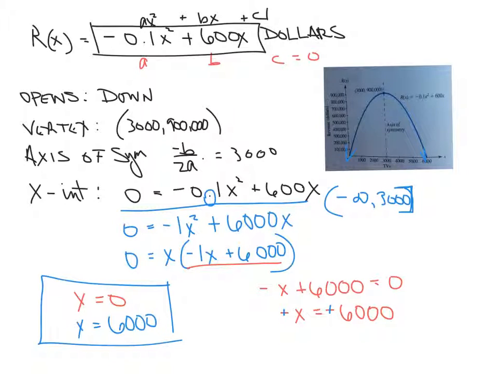And then I'm decreasing on 3,000 to positive infinity. Okay, so I guess it's not including 3,000. 3,000 is the turning point. So 3,000 is kind of a stable number. Once we go past 3,000, that's when we're decreasing.